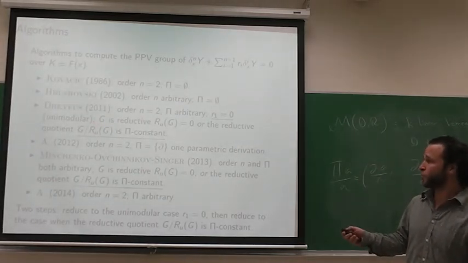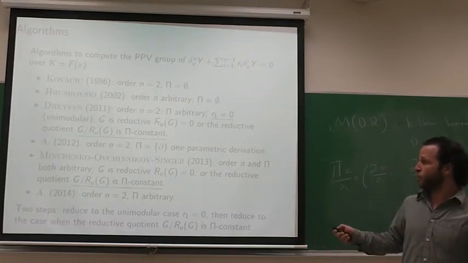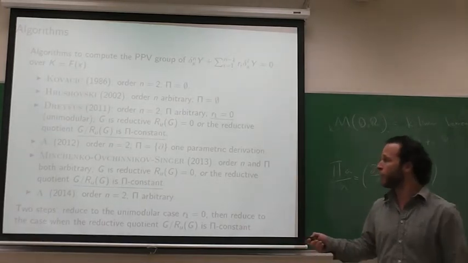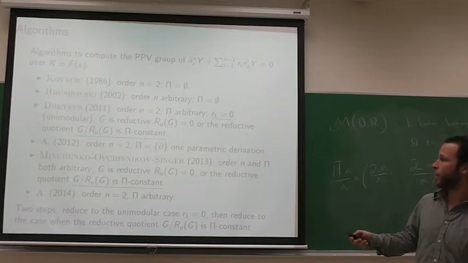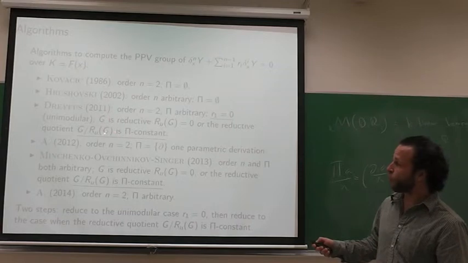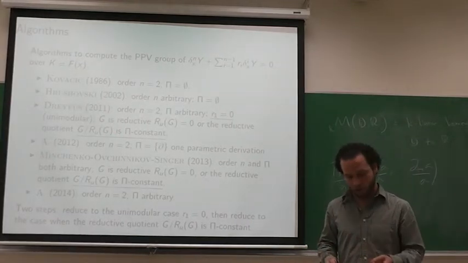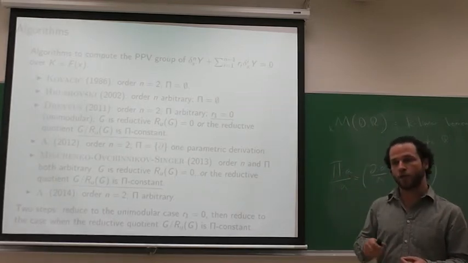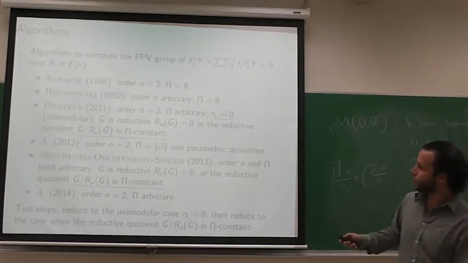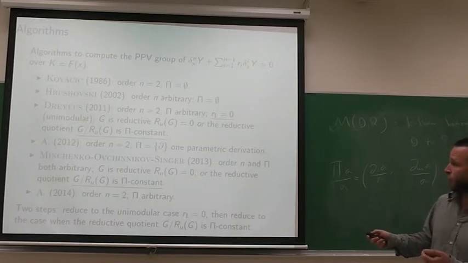And then in Dreyfus' procedure, you have to make this additional assumption that either the parameterized Picard-Vessiot group is reductive. I won't define this in general, but concretely later. And that if it's not reductive, then you have to ask for its maximal reductive quotient to be pi constant. What we said before, that it consists of matrices with entries that are constant with respect to every parametric derivation. Just a little later, I published an algorithm just with one parametric derivation with no restrictions.